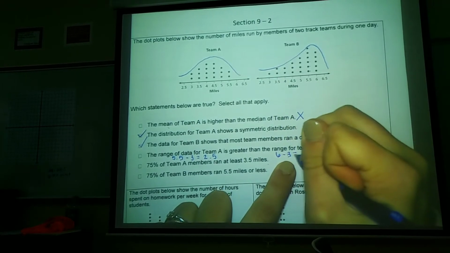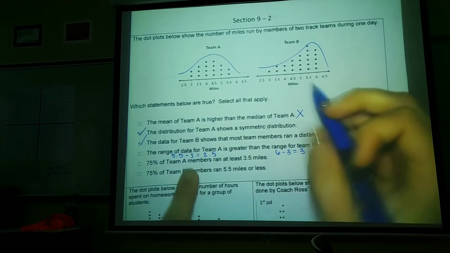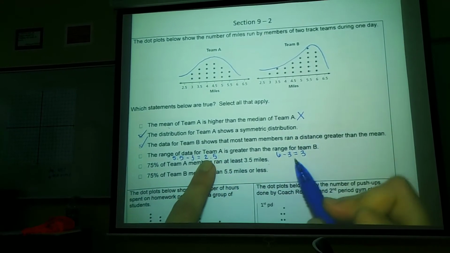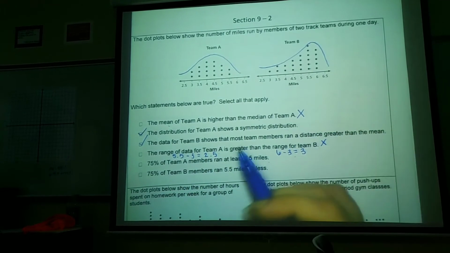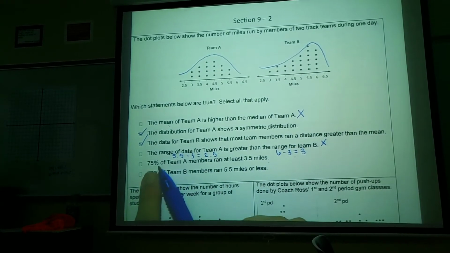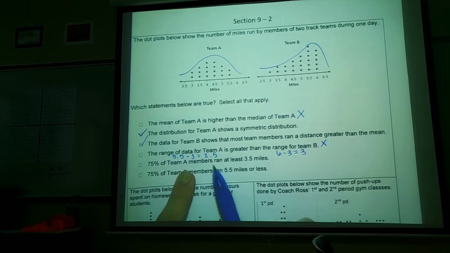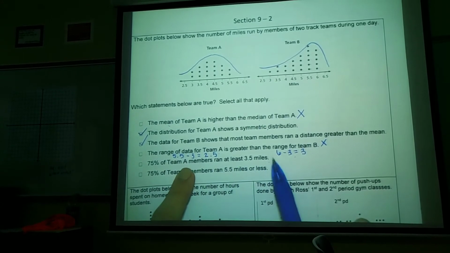So 6 minus 3 gives me 3. The range for team A is actually smaller than the range for team B, so we're not going to select this answer choice.